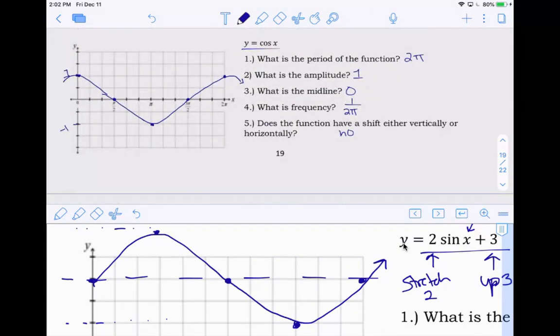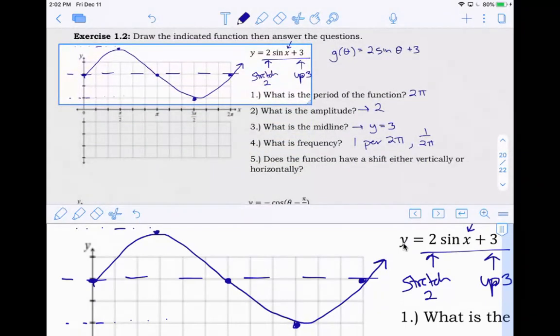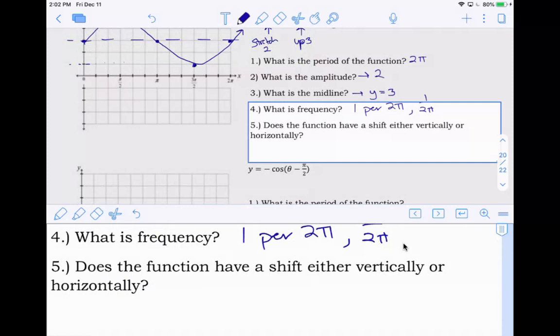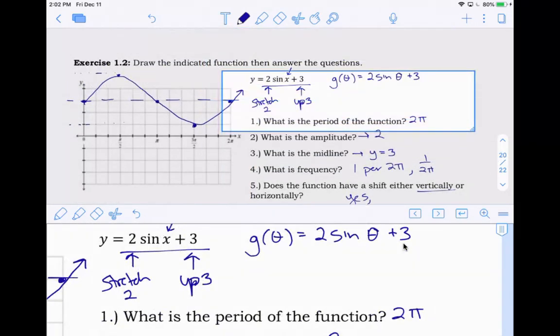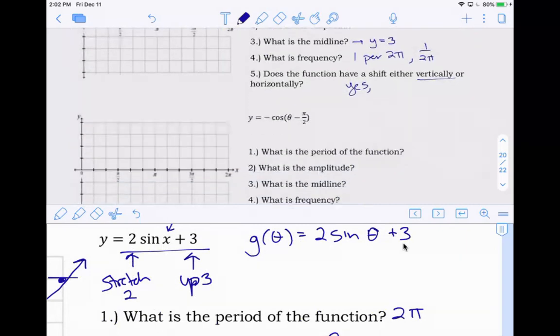Now, in our last example, please remember we actually used like 1, 2. Anyway, it doesn't look much different from the last one, but it's stretched. It's doubled, okay? And there we have our 2 sine x plus 3. Okay, has this been shifted either vertically or horizontally? Yes, it has. It has been shifted vertically by placing a plus 3 on the end. All right, not too bad, not too bad.